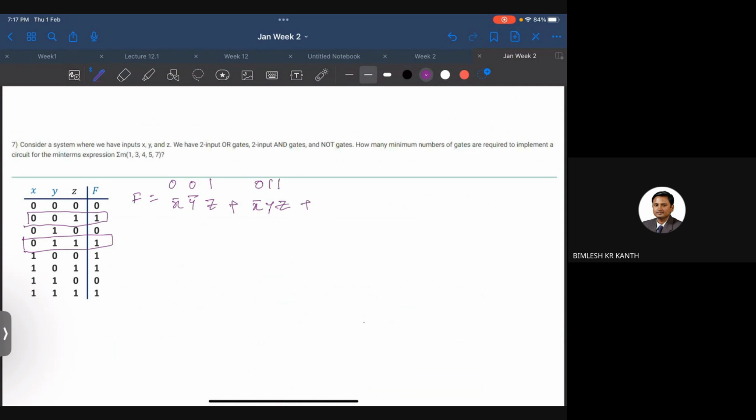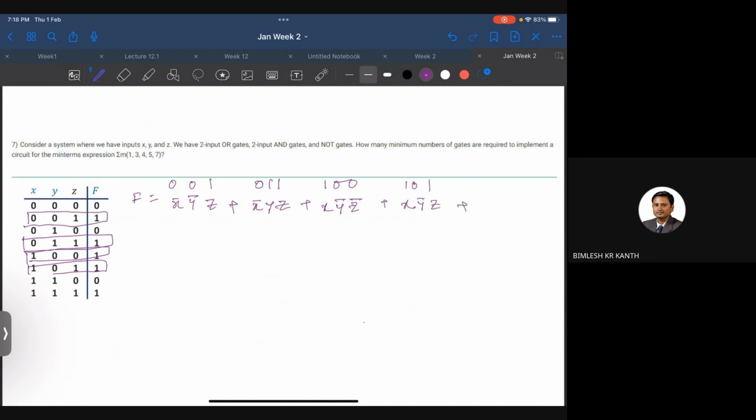Now 4 is given. 4 means 1, 0, 0. This will be x, y bar, z bar, right? Now 5 is given. 5 means 101. So 5 will be x, y bar, z.